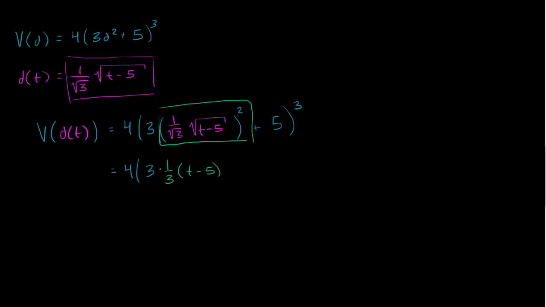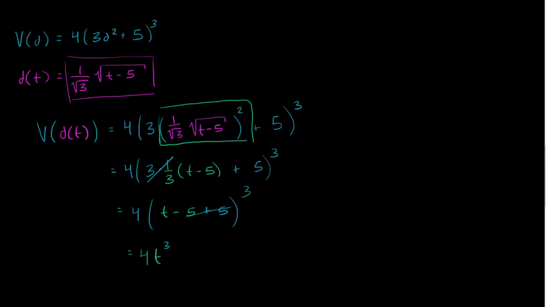And then, of course, we have plus 5) to the third power. 3 times 1/3 is just going to be equal to 1. And so we are left with 4 times (t minus 5 plus 5). This does simplify nicely. So we're going to be left with 4 times t to the third power.